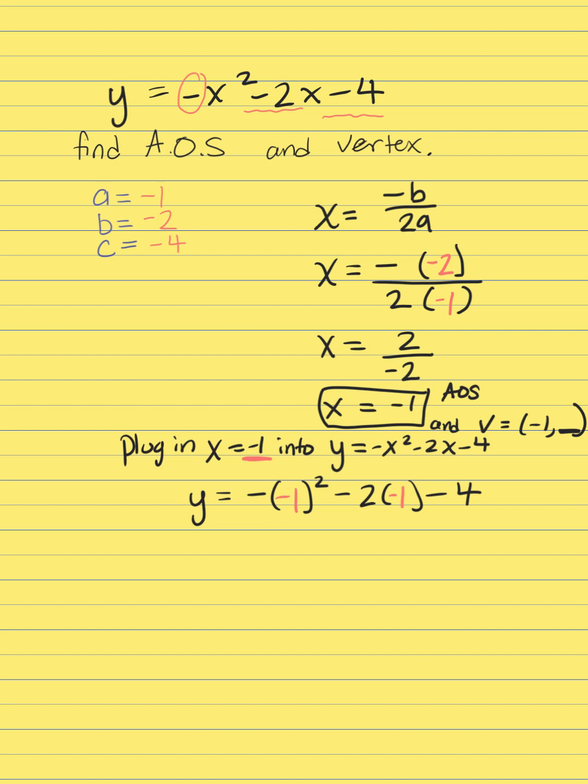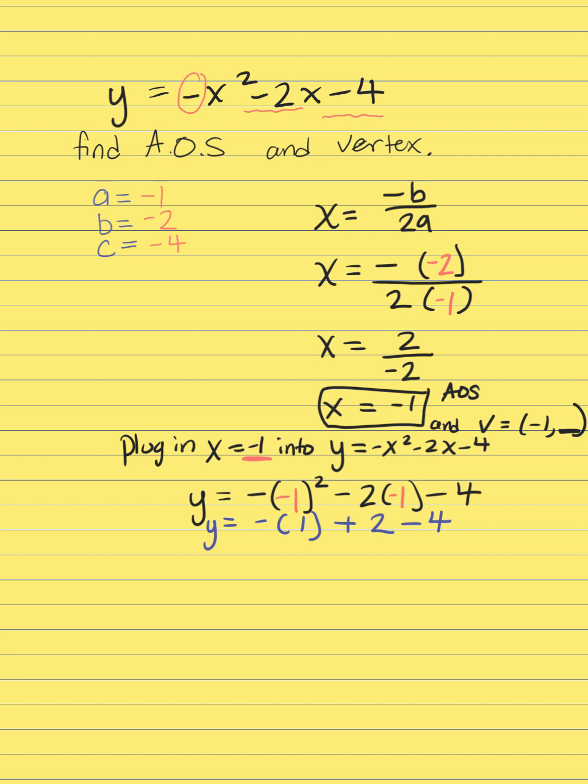So here I have -1 squared, and that's just -1 times -1, which is +1. But we still have a negative outside. Just keep that in mind. So I have y equals -1 minus, you can do this already. -2 times -1 is +2 minus 4.